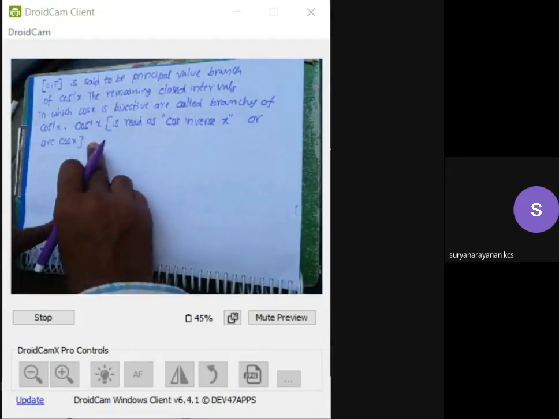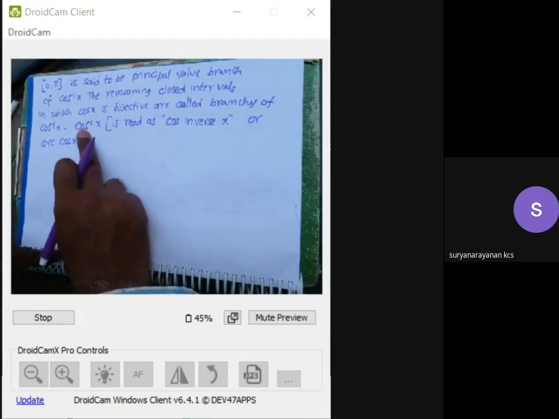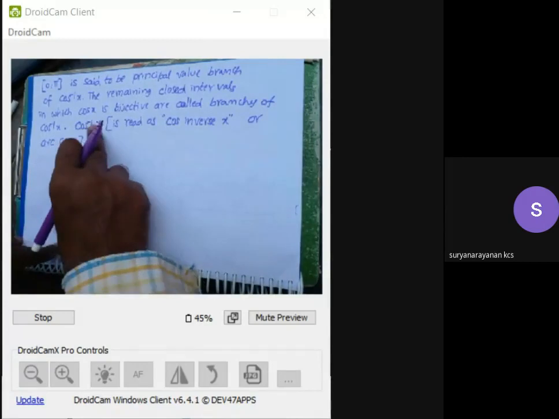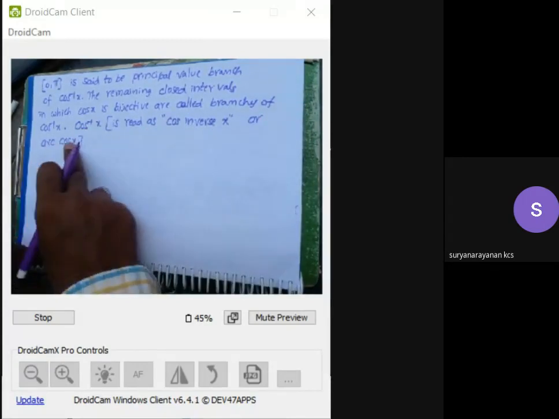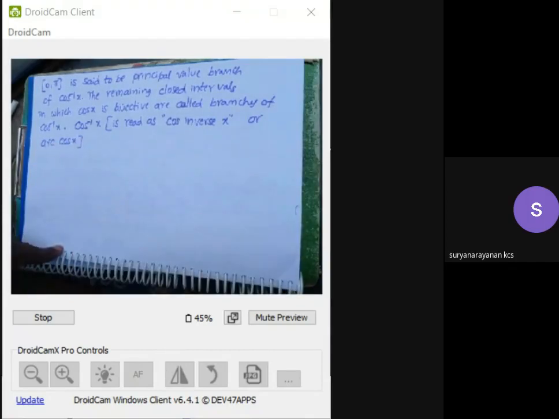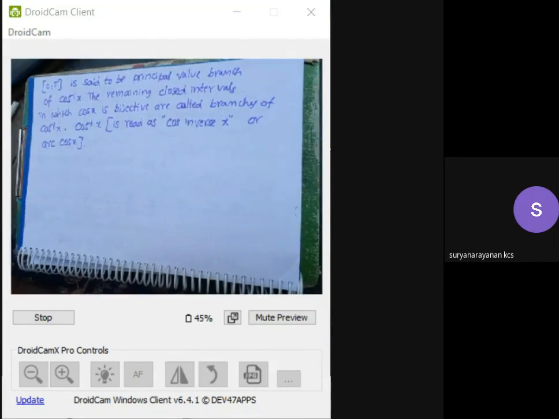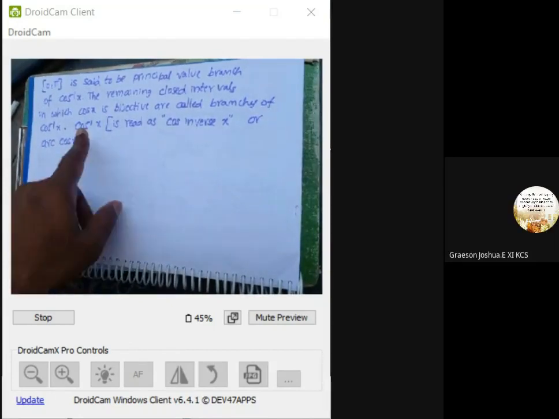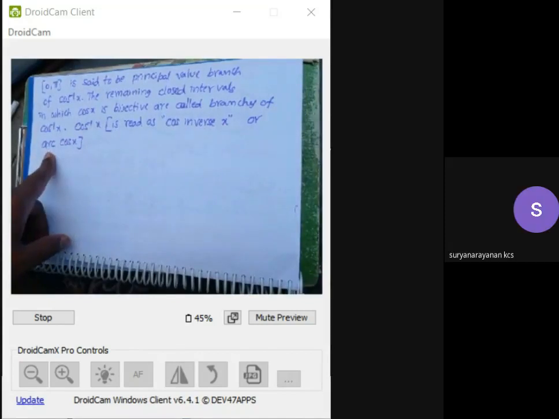Once you read this line, I will conclude this class. One by one. This symbol is read as cos inverse x or arc cos. Grayson, read it fast. Sir, it is read as cos inverse x or arc cos x.